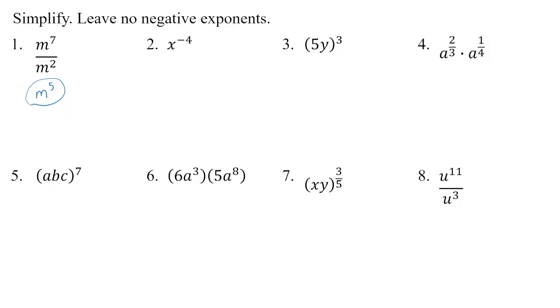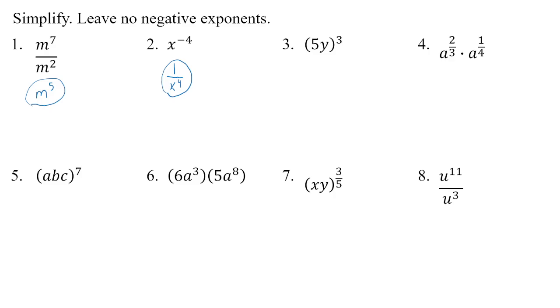Next, we have x to the negative 4th power. Remember, we don't want any negative exponents. So to make it positive, we write 1 over x to the 4th. And that's the solution. Number 3, we got 5y raised to the 3rd power. We got a product.